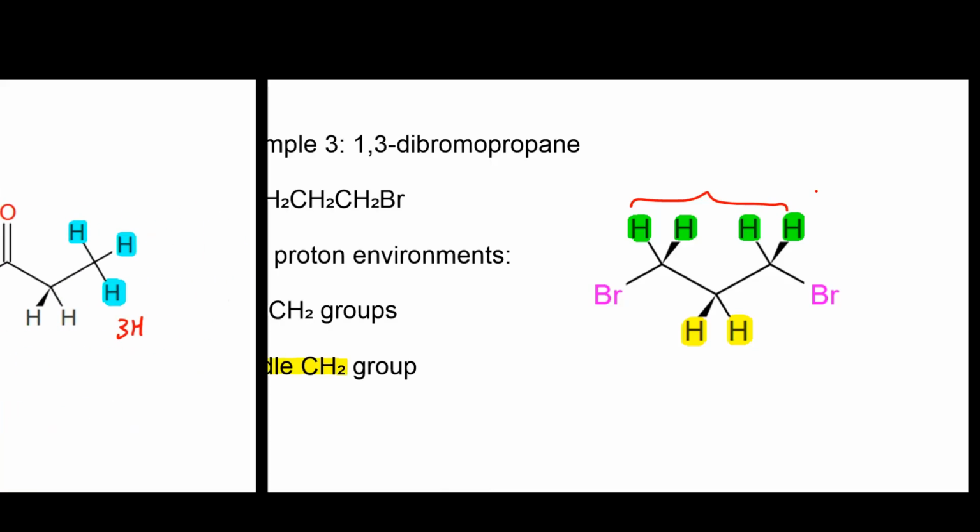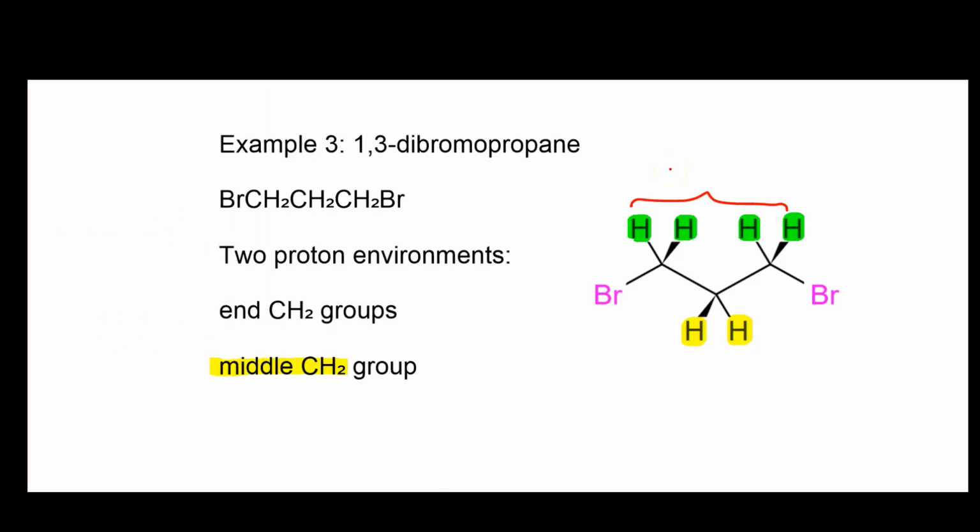In 1,3-dibromopropane, BrCH₂CH₂CH₂Br, the two BrCH₂ groups are equivalent because the molecule is symmetrical. Together, they contribute 4 hydrogens: 4 hydrogens from the two BrCH₂ groups and 2 hydrogens from the middle CH₂ group.